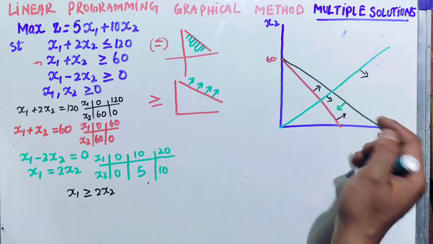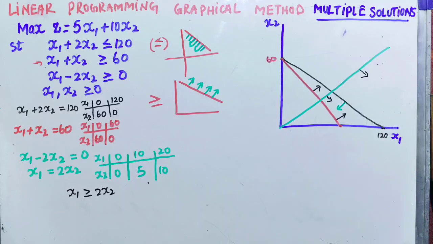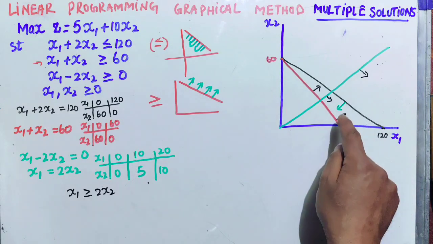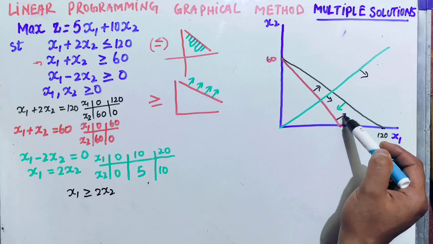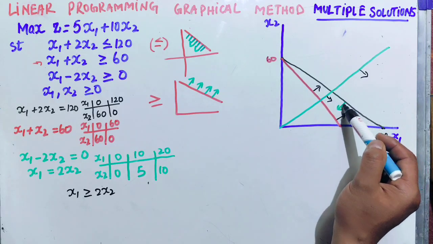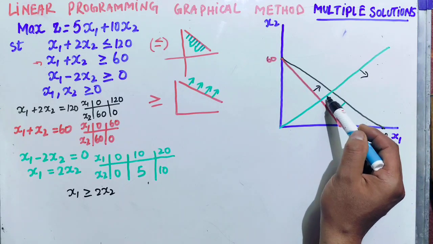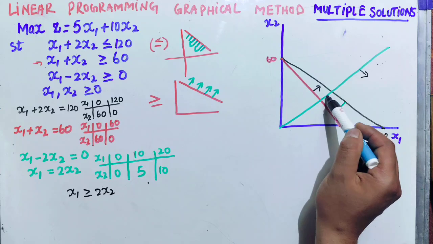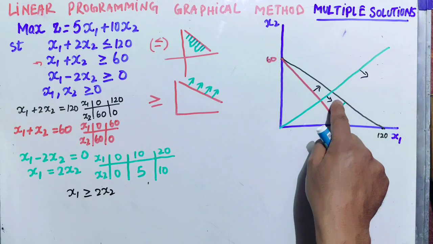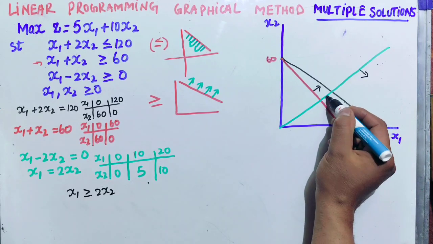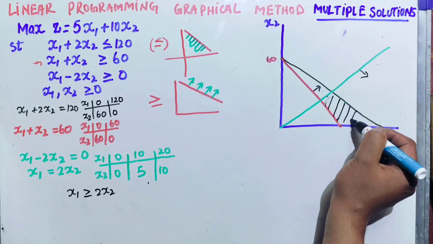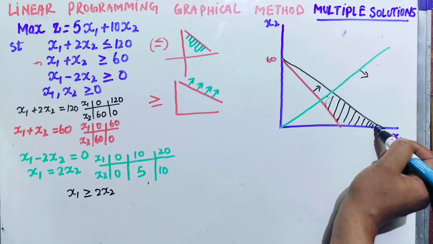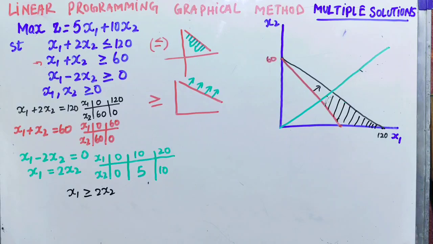Here you can see all the constraints are satisfied, because for the red line we shade this portion, for the black line this region, and for the green line this region. So this is our feasible region.